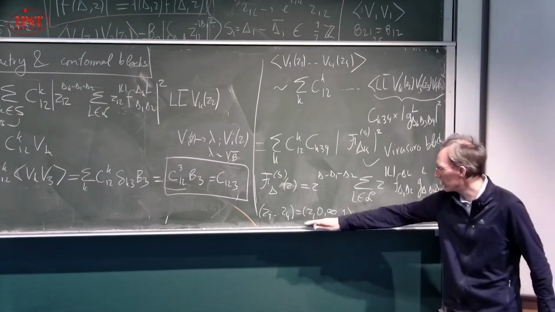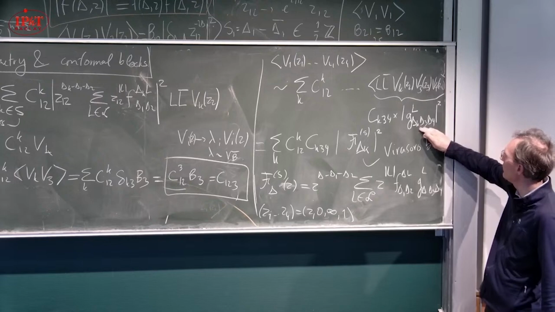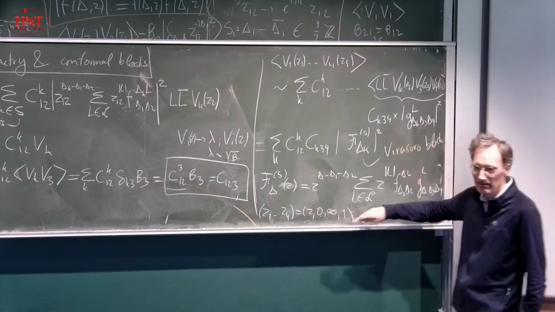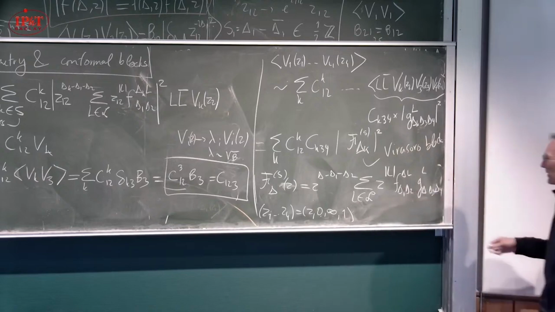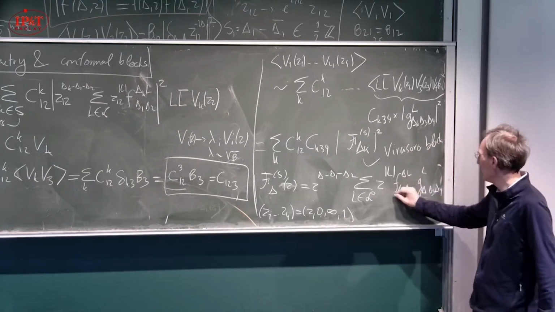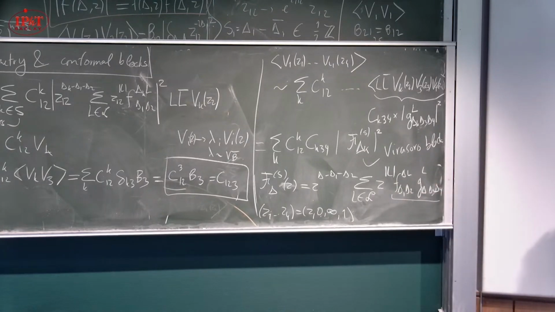By this choice of coordinates, this G is just a number because V2, V3, V4 are fixed. So this is really a series in powers of z with coefficients which are known numbers.